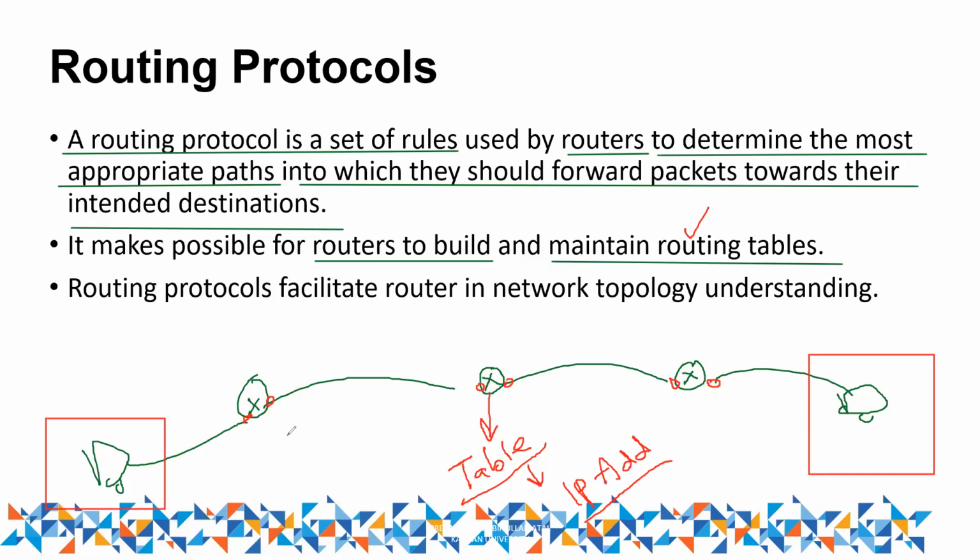Because the router is responsible to find the best path, and the router is also responsible to store all the information of the other routers. For this purpose, the IP addresses must be learned and must be stored. Where? In the routing table. So that's why we can say the routing protocol makes possible what? Building and maintaining of the routing table. Okay, remember, a routing table is not a database. It's a hierarchy.